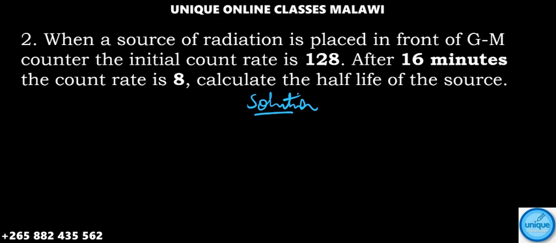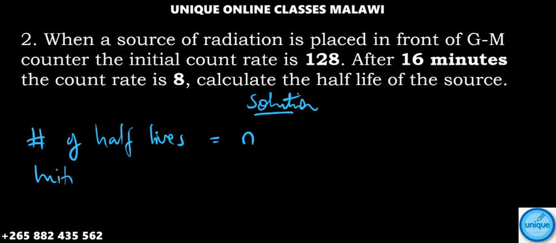Number of half-lives, let's call it n, and the initial count rate, we call it A naught.